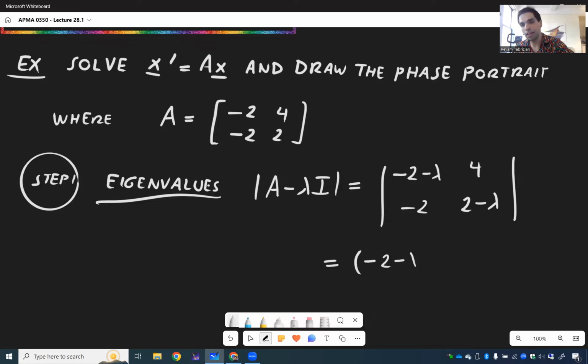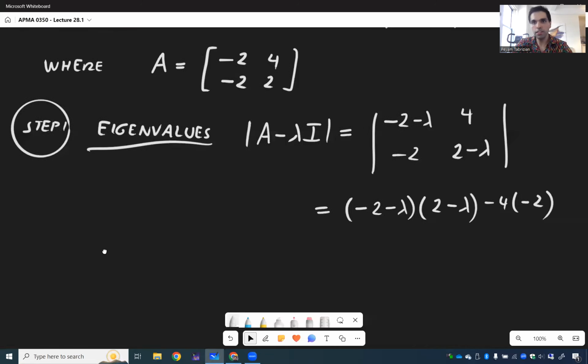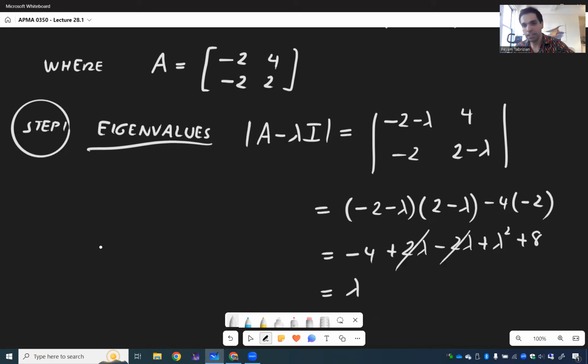So (-2 minus lambda) times (2 minus lambda) minus 4 times -2. This becomes -4 plus 2 lambda minus 2 lambda plus lambda squared, plus 8. Nice thing is this cancels out, and you get lambda squared plus 4, which you set equal to 0.